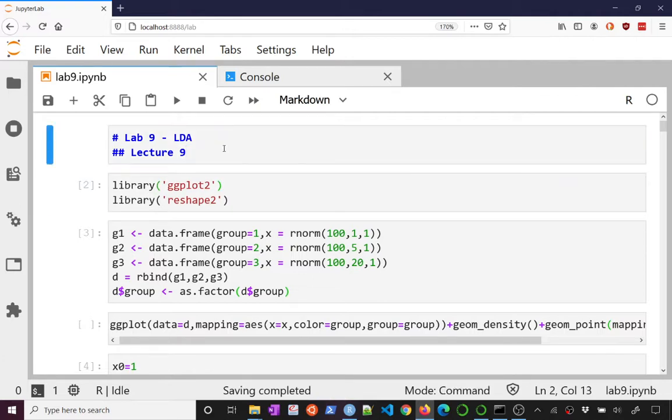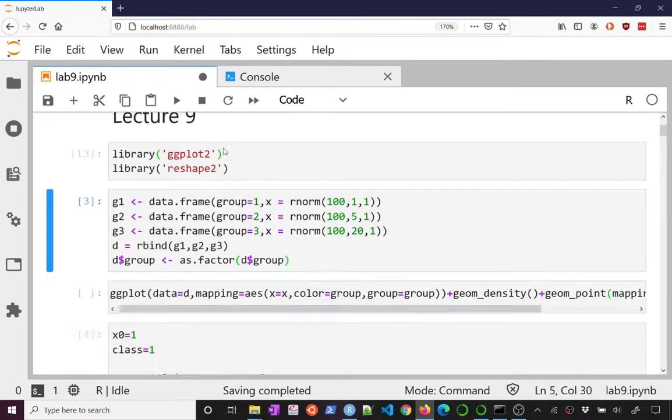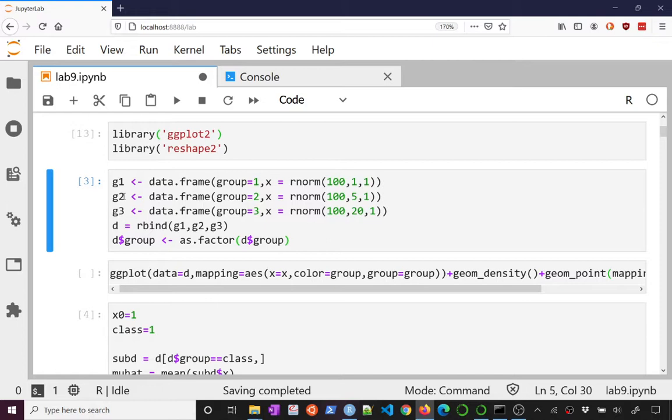So this is Lab 9 on LDA, and we'll grab some packages we'll need for plotting a little bit later. What we're going to do in this lab is generate some artificial data.